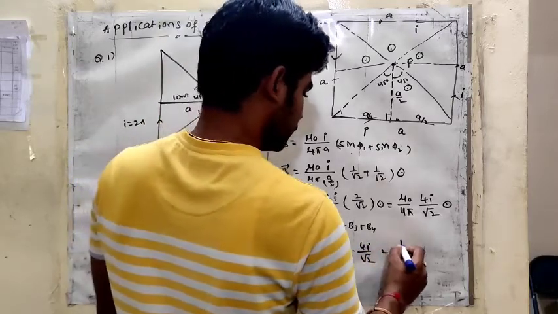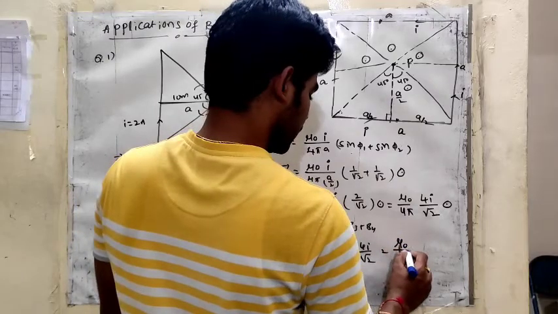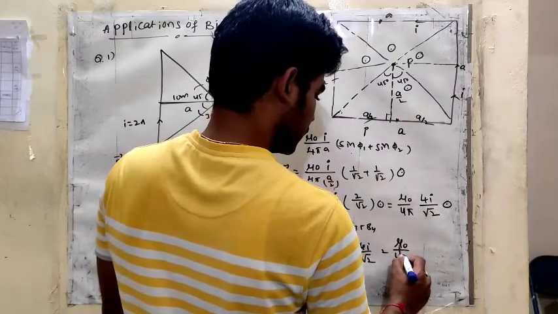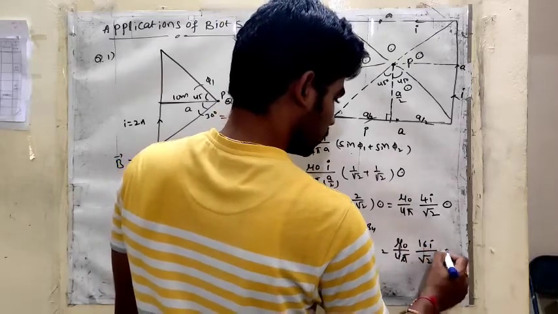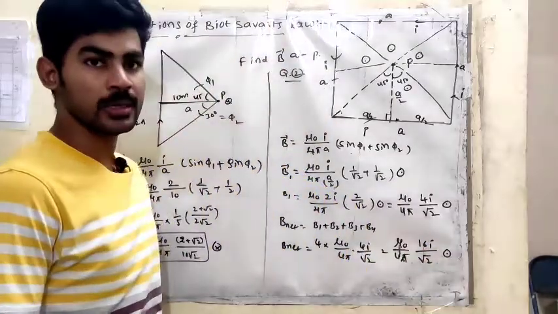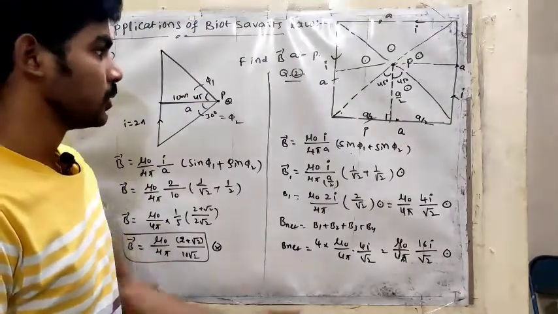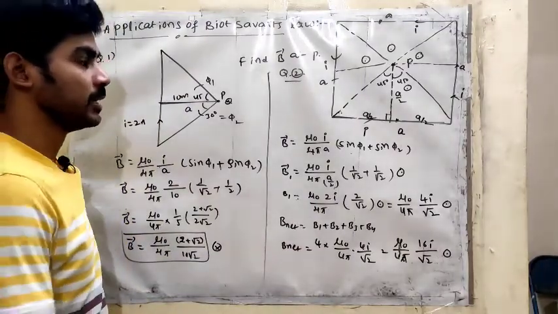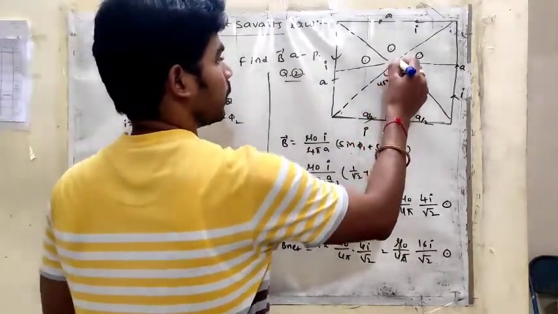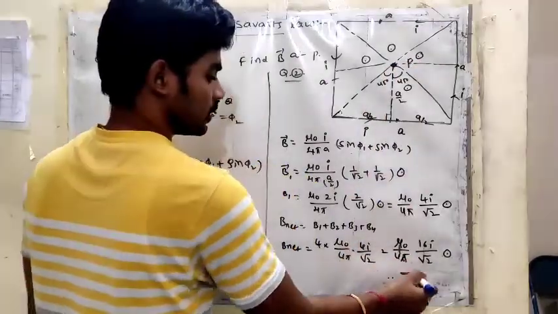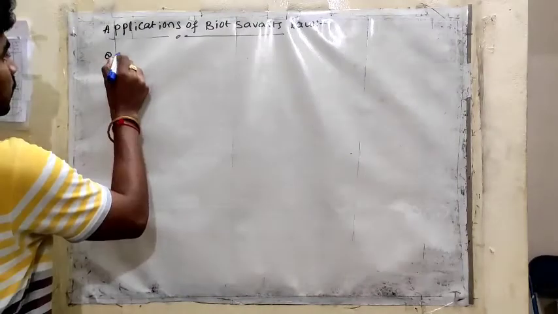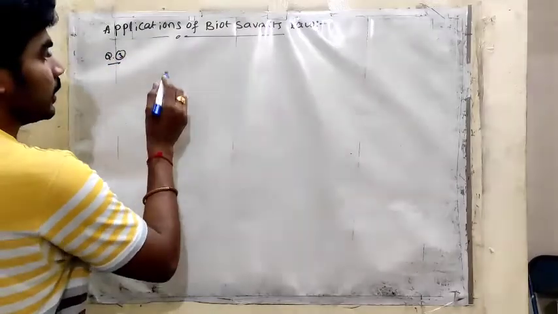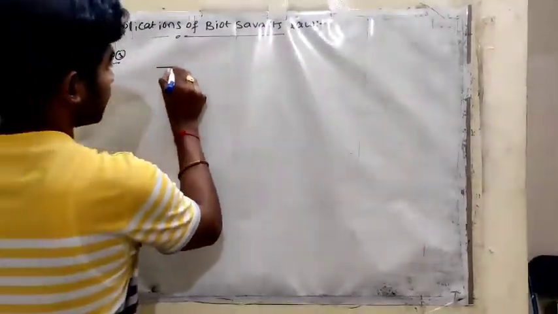So here mu naught by 4 pi into 4 into 4, 16I by root 2. Total magnetic field is in the outward direction. So this is the square case, the magnetic field at the P point. Okay. Next we will see. Here I am taking one straight current carrying conductor.